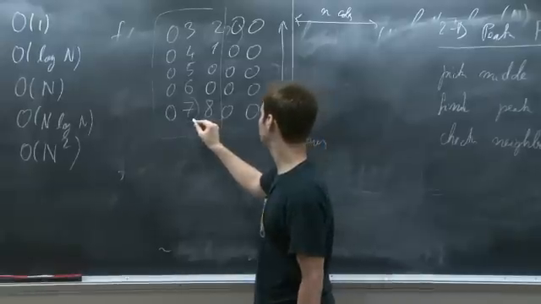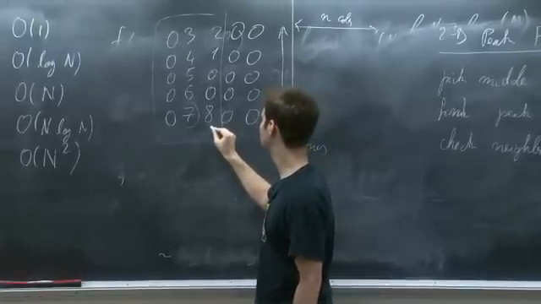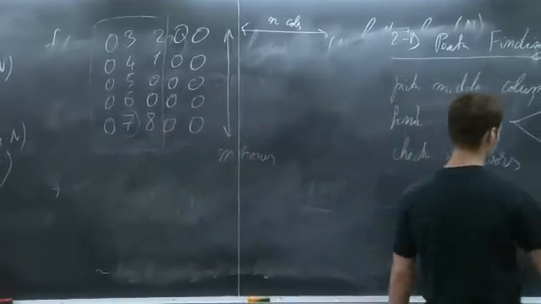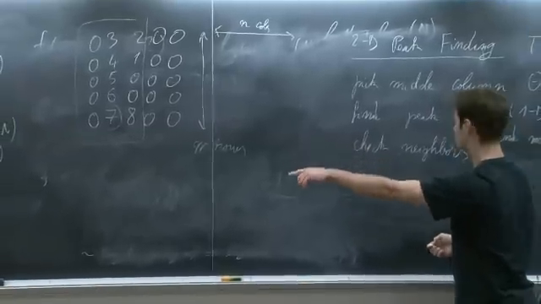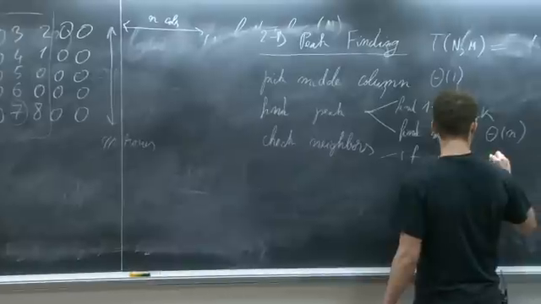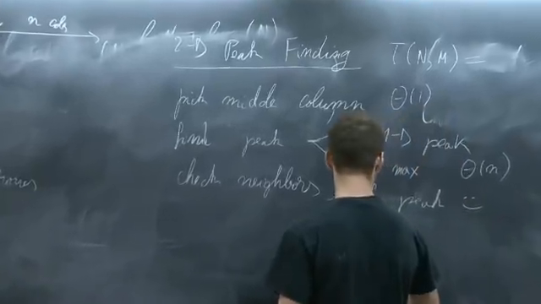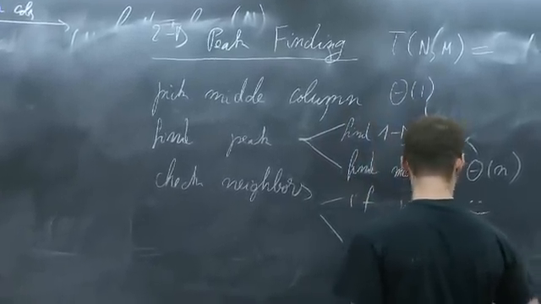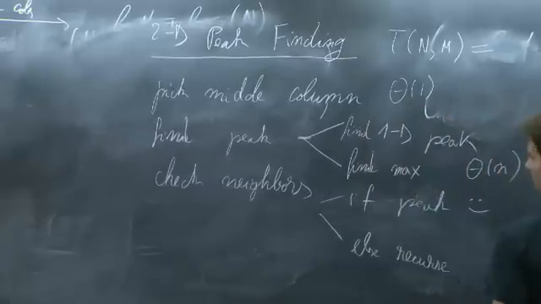Okay, so maximum for my column, and I'm going to go right. So check neighbors, and I have the same two conditions there. If it's a peak, then I'm happy. Otherwise, recurse. So what's the running time if I have to recurse?